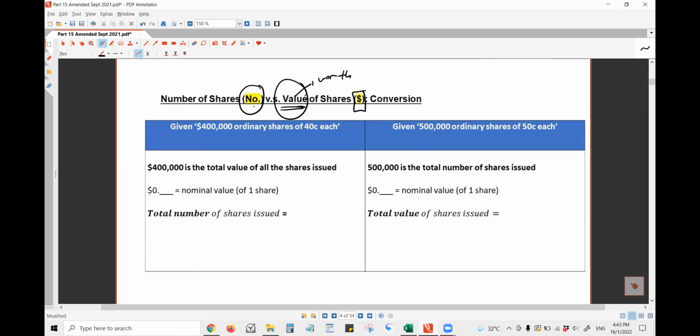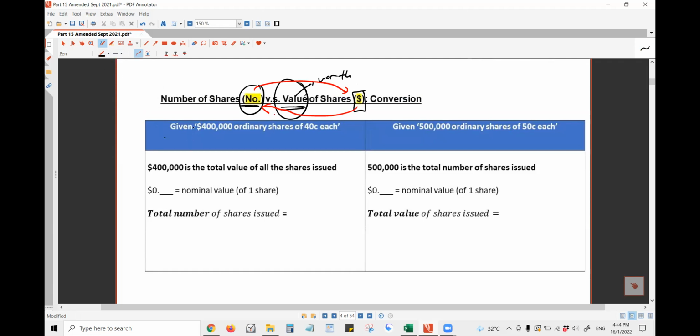Here is about knowing how to do the conversion. You must know how to convert from number of shares into value, and also how to convert from value into number of shares. You may not know the importance of this yet, but later you would. Just know how to do it first.